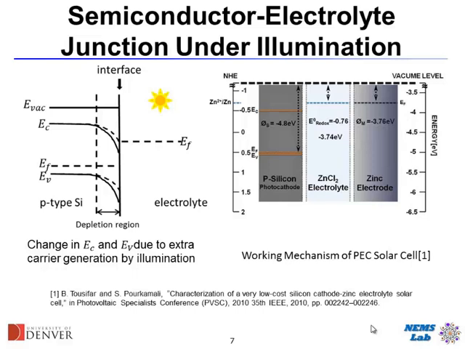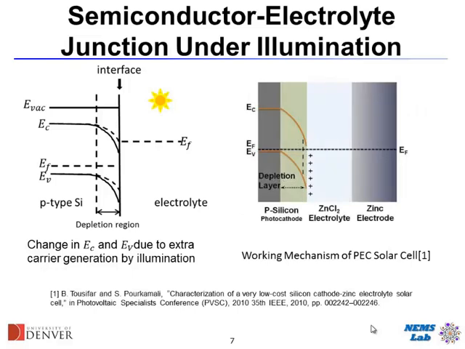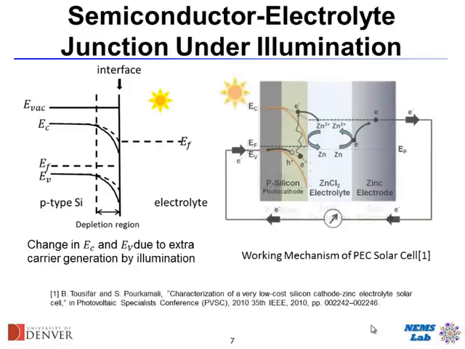So what happens is when you put these two next to each other, you're going to have a depletion region and an accumulation of negative charges on the silicon surface, and you have accumulation of positive charges on the electrolyte side, which means that you have zinc ions next to the surface that show as positive charges here. And inside here you have a region of the p-type silicon which is depleted of holes. You have a depletion region.